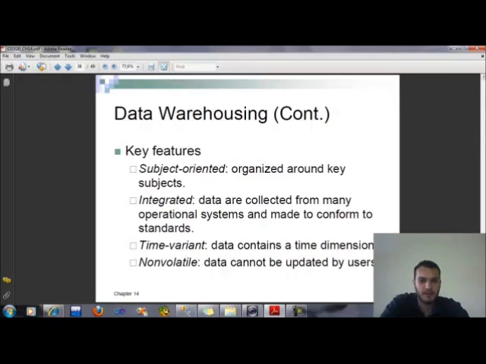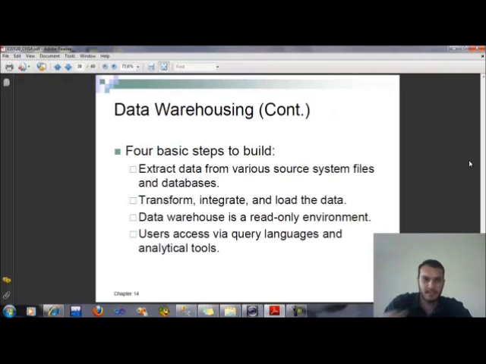Integrated means data are collected from many operational systems and made to conform to standards. What's time variant? Time variant means the data contains a time dimension. And what's non-volatile? Data cannot be updated by users.